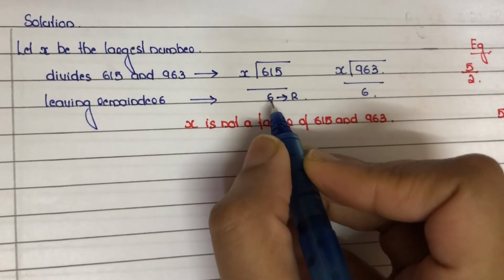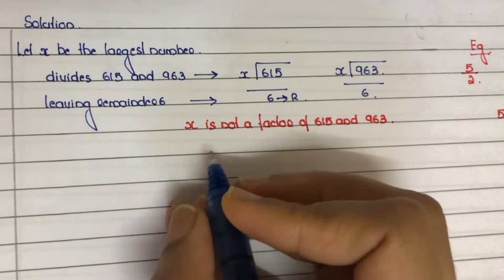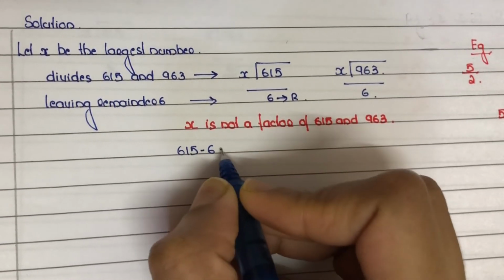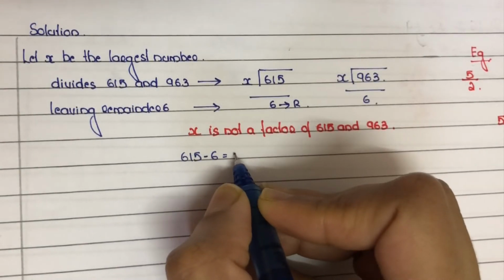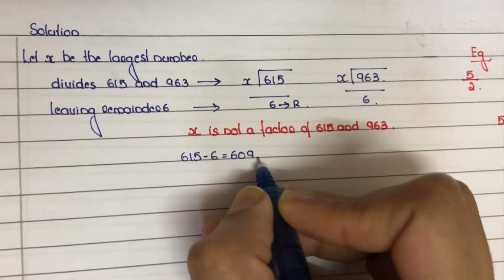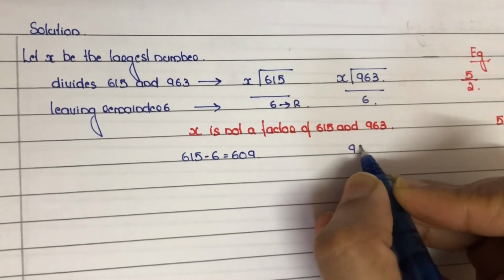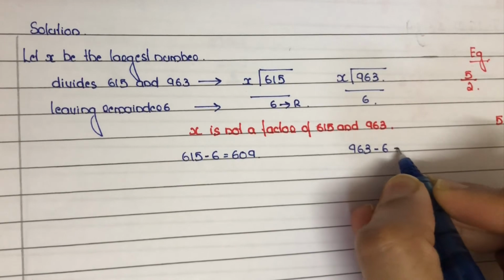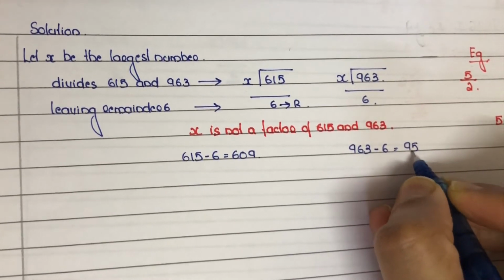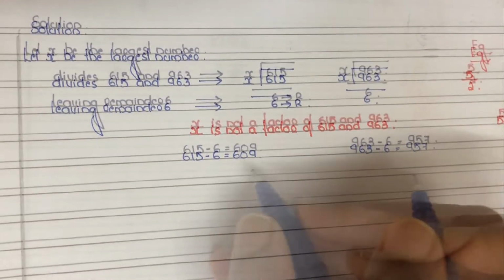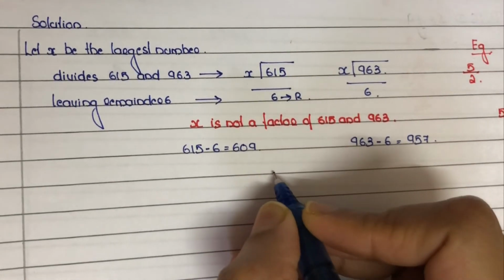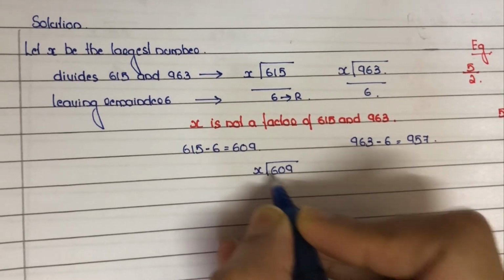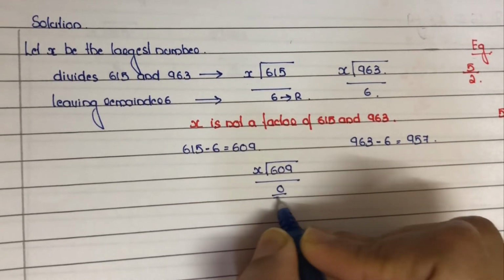Similarly, if you subtract this remainder from the dividend, that is 615 minus 6 equal to 609. Similarly, 963 minus remainder 6 equal to 957. Now if you divide 609 by x, then you will get remainder equal to 0.